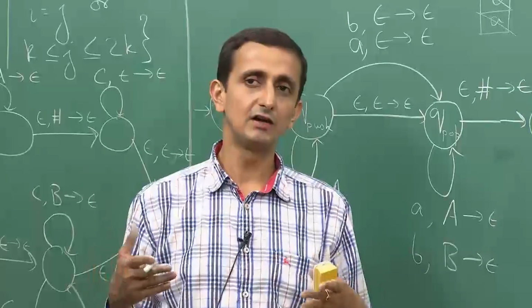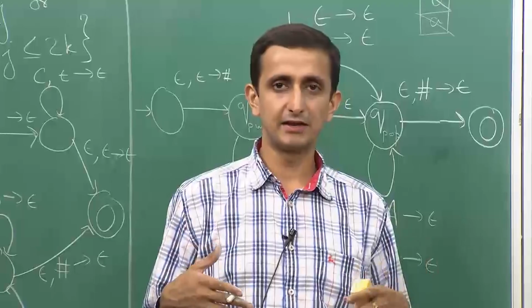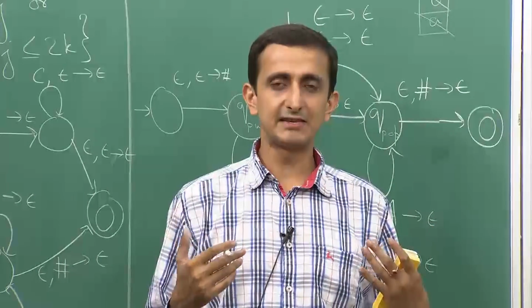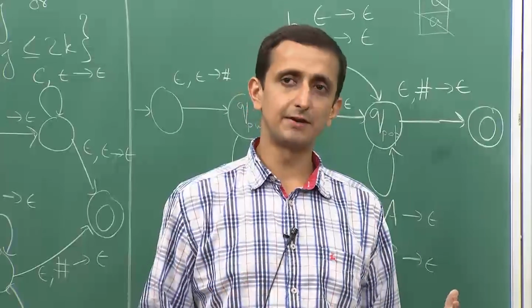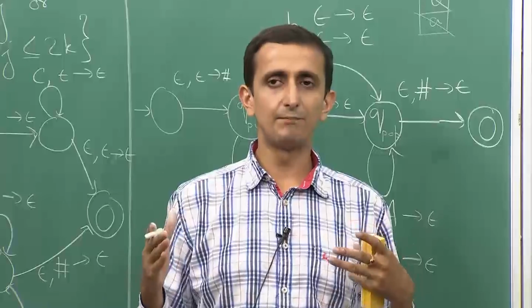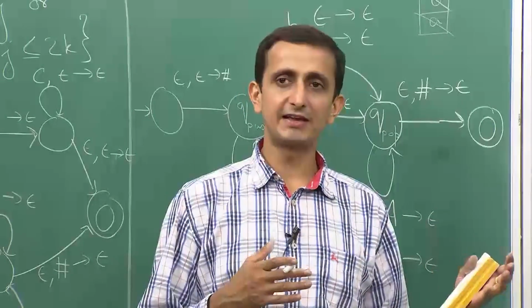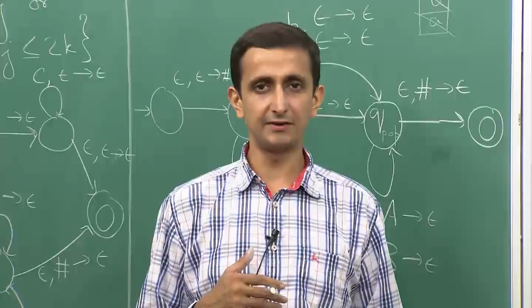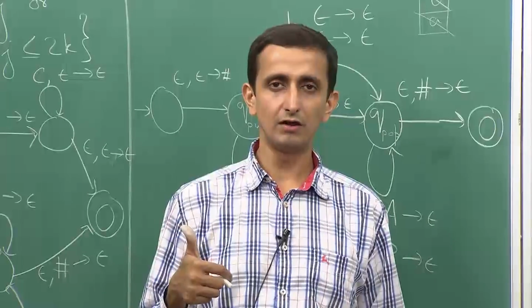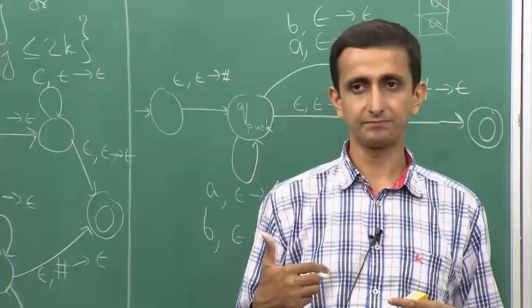If you recall the definition of how a context free grammar accepts a string, a string is accepted if there is a sequence of these sentential strings, strings over terminals and variables, such that one string can be derived from the previous string by replacing a single variable with its production rule, and the last string is just a string over terminals.